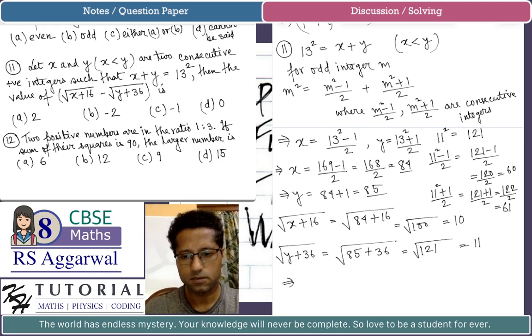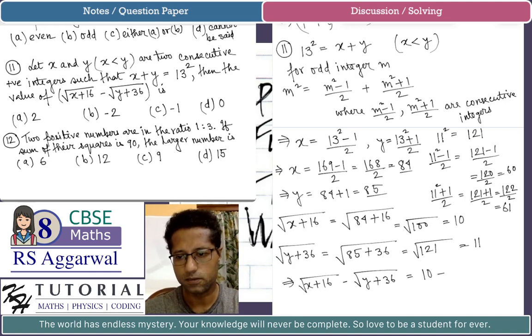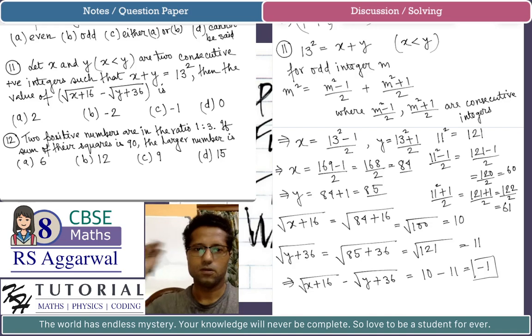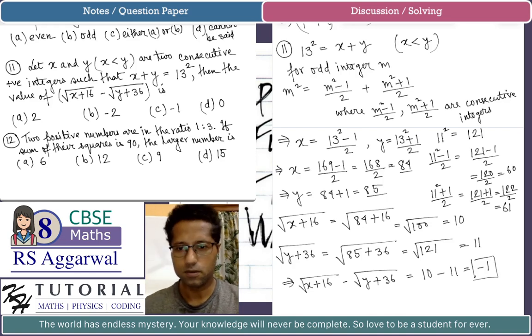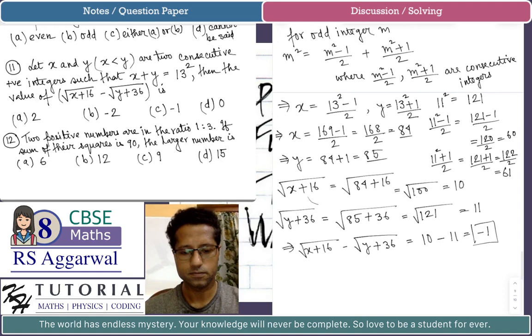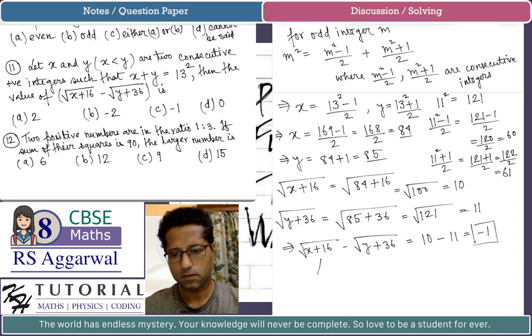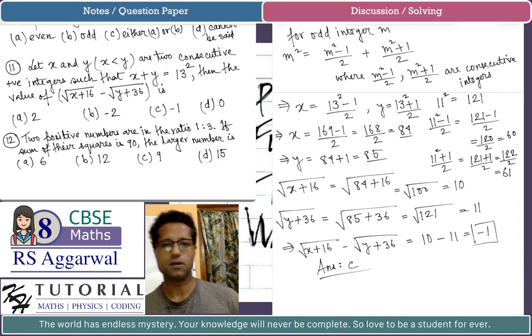This implies square root of x plus 16 minus square root of y plus 36 is equal to 10 minus 11. This is minus 1. So the correct choice is C. C is the correct choice.